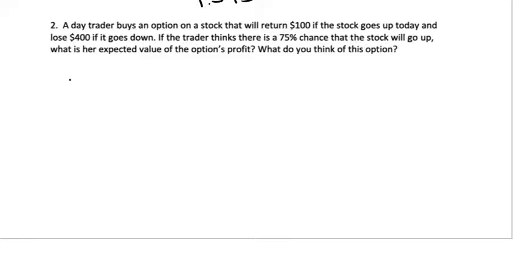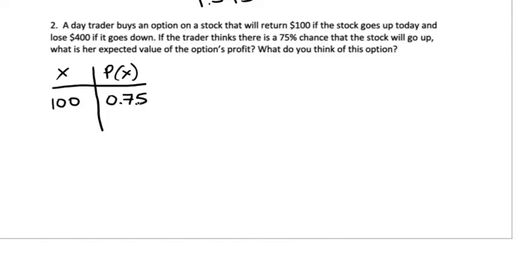So we don't have a table for this one, so we're going to have to make our own, where we list the possible values and the probability of each. So one possible value is that I could gain $100, and the probability of that happening is 75%, or 0.75.